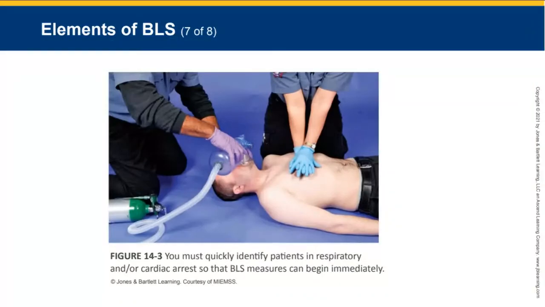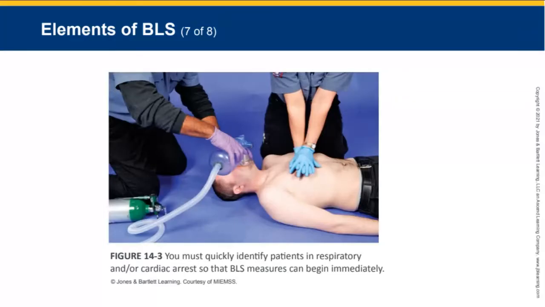The dispatcher gives the caller instructions to provide lay rescue CPR, which is really doing only compressions. Then when EMTs arrive, they will build on that, and when the AEMTs arrive or paramedics arrive, they will build on the EMT care.